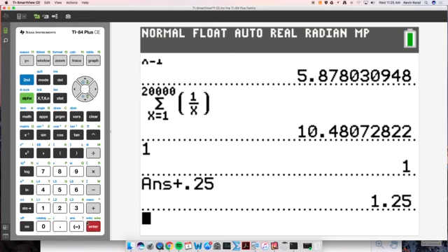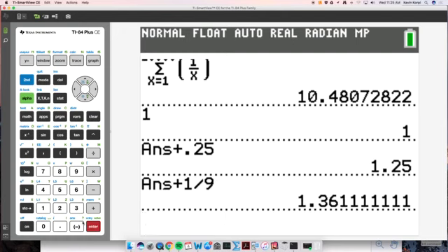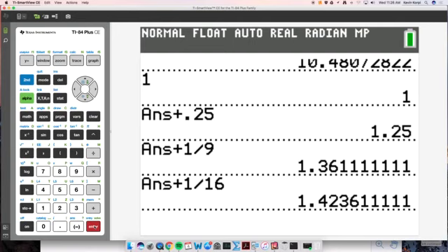So that's 1.25. Now I'm going to add the next term, when n equals 3. That's going to be plus a ninth. So that's 1.361. And now I add the next term when n is 4. It's going to add a 16th, which is 1.423.